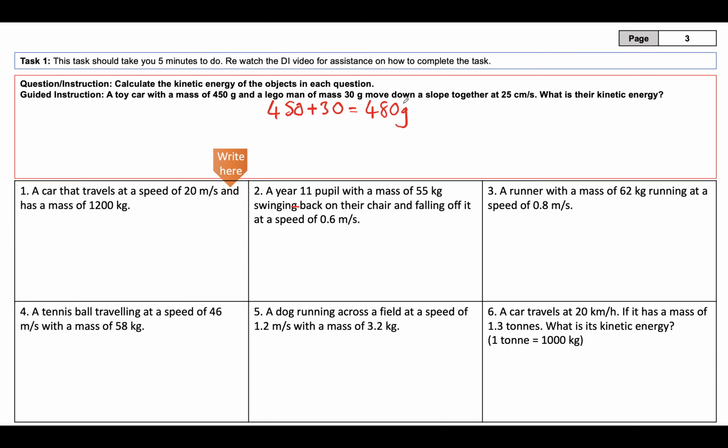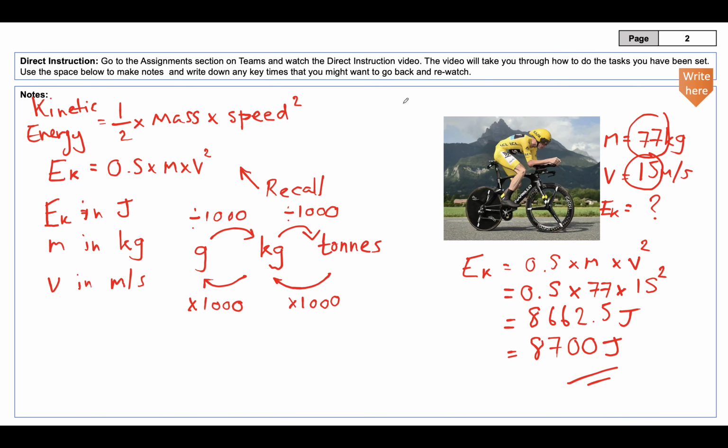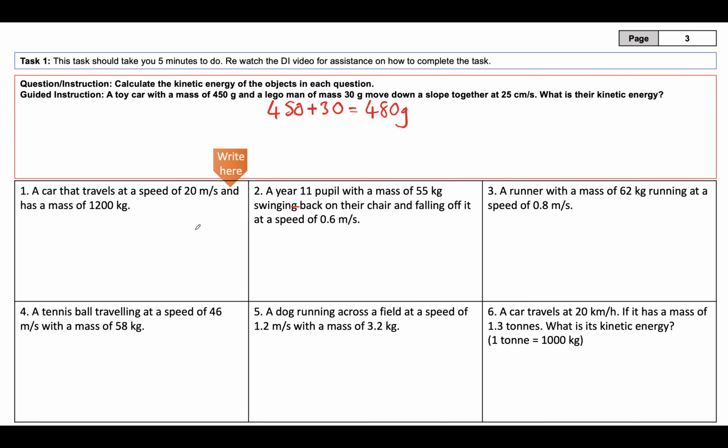So if we went back to our direct instruction, we can see if we're going from grams to kilograms, I need to divide by 1,000. So I would divide that by 1,000, and that would give me 0.48 kilograms, and then it gives me a velocity of 25 centimeters per second.